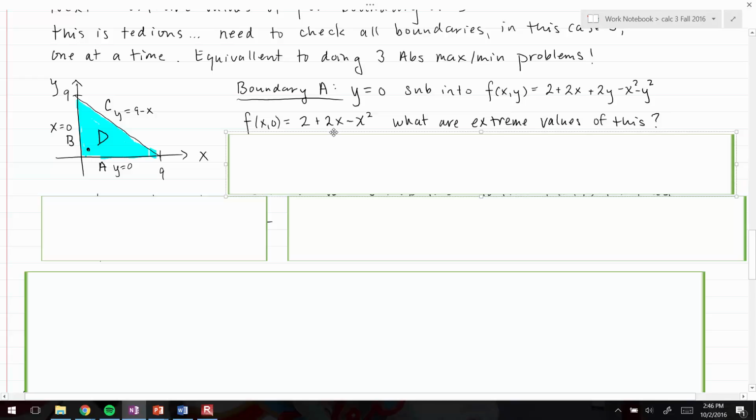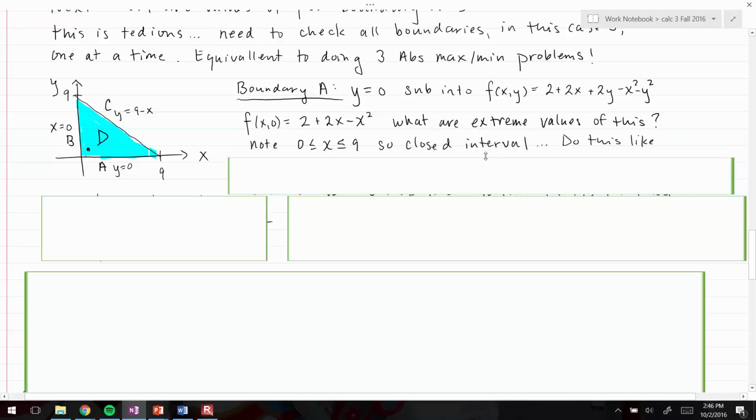That's nice because it's boiled down to two variables, and I can just ask what the extreme values of that are. So this is a Calc 1 problem right here: finding the extreme values on the closed interval from 0 to 9, the x's going from 0 to 9, of this function. That's exactly what it is in this case.